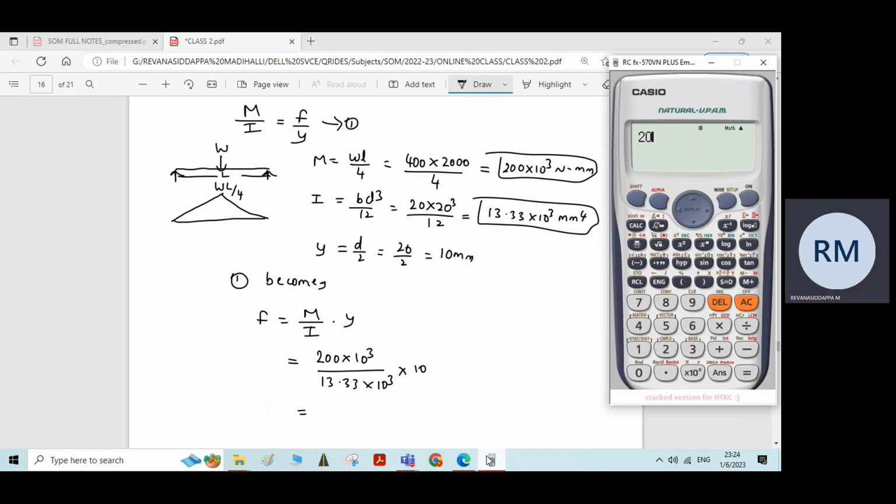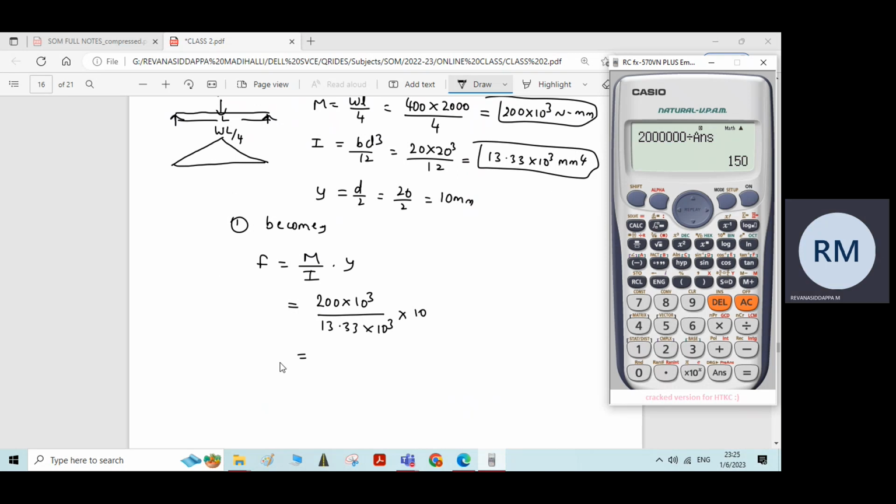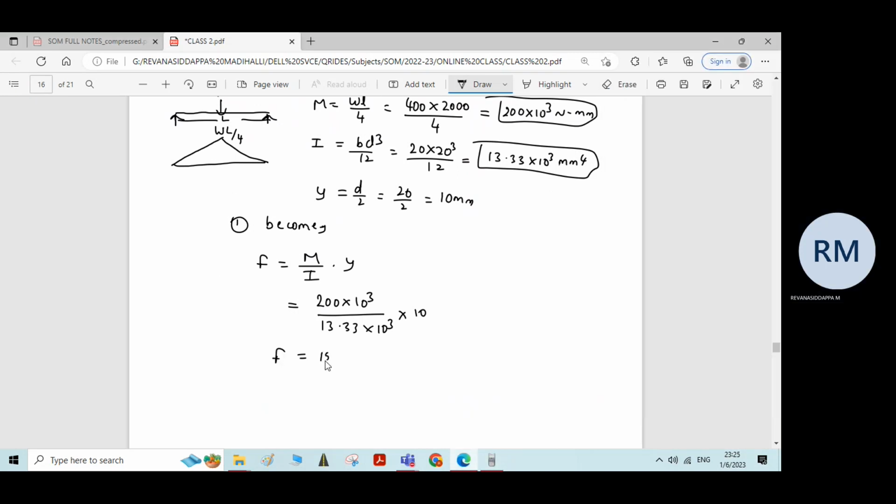So 200 into 10 power 3 into 10. The answer is 150. F is equal to 150 Newton per mm square.